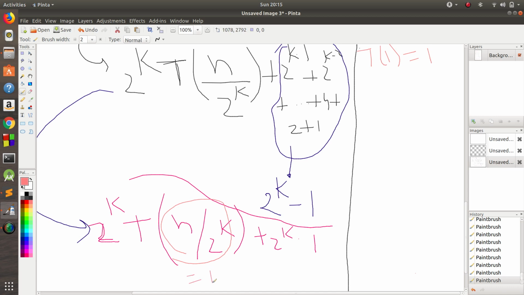This will be equal to 1 when n/2^k is equal to 1, when k is equal to log n.